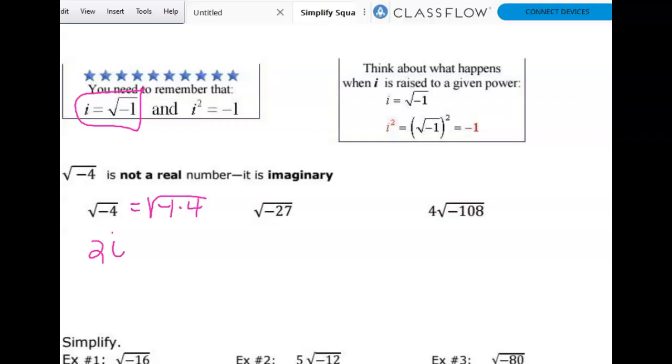But if I have the square root of -27, so I have a pair of 3's. I'm talking about the imaginary numbers.